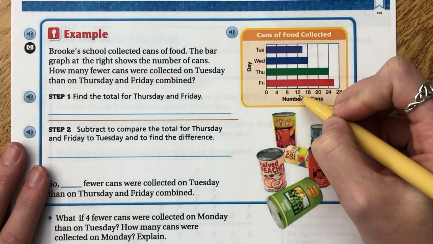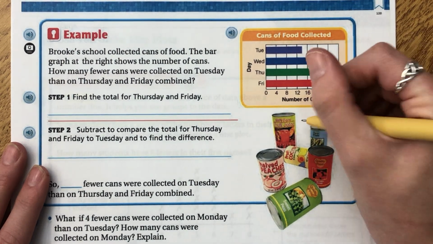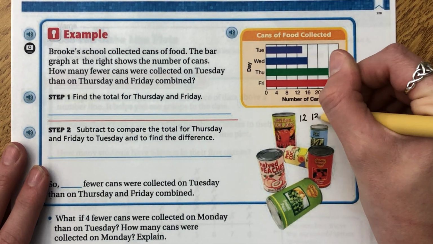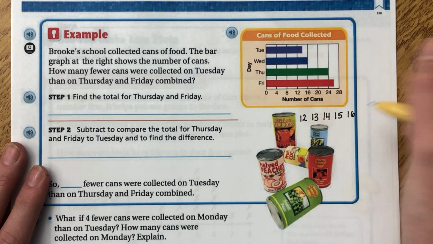I see here that it's between 12 and 16. Now, if I were to write out all the numbers between 12 and 16, I'd have 12, 13, 14, 15, and 16.